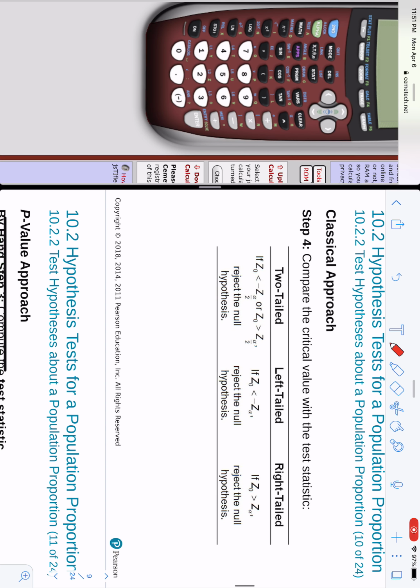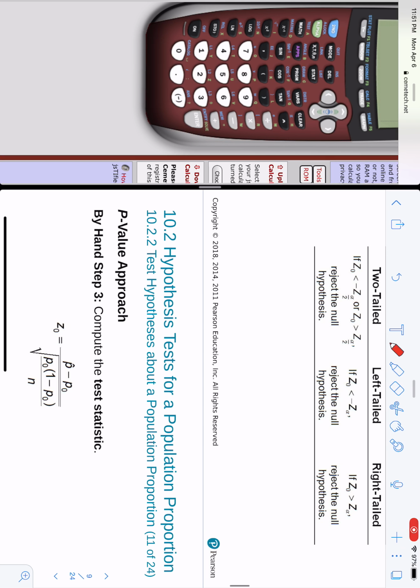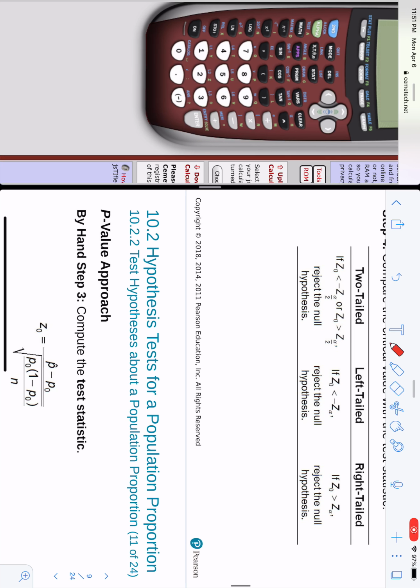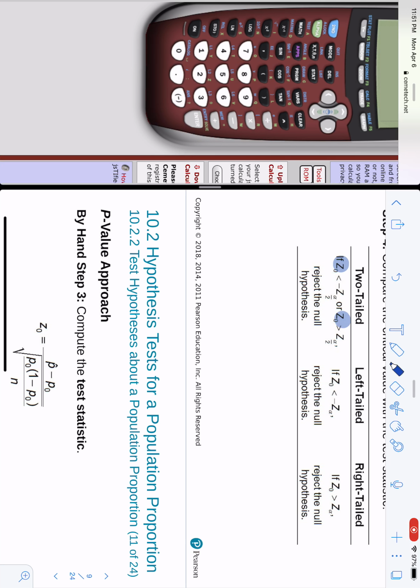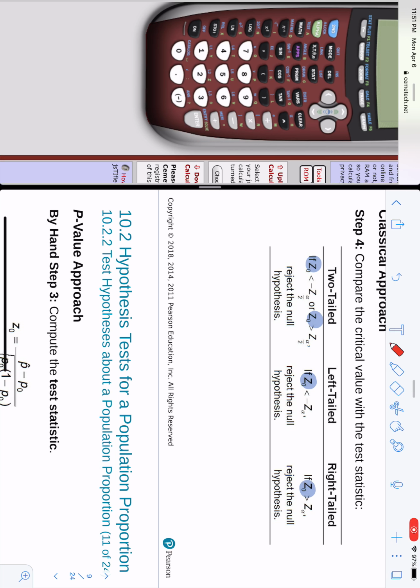So what does the critical value approach state? Now, there is a picture, of course, table here, but I'm going to draw some pictures to explain this. So, key thing to notice is Z sub 0, which is the test statistic. Negative Z sub alpha over 2 would be the left critical value, and positive Z sub alpha over 2 would be the right critical value.